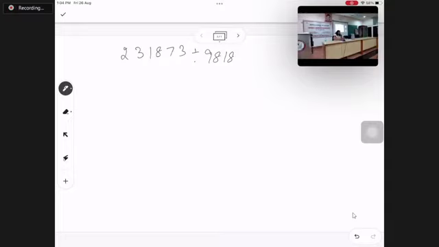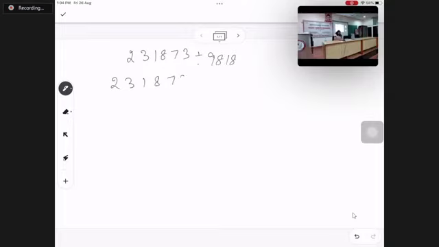So the first is, we have this 231873. So what is the base in this case? 10,000. 10,000 would have 4 zeros. So we have this 9818.